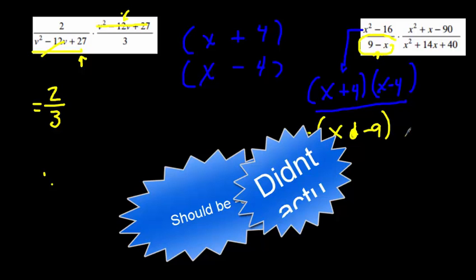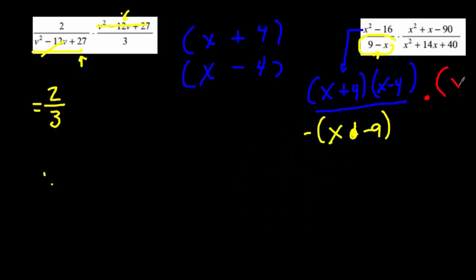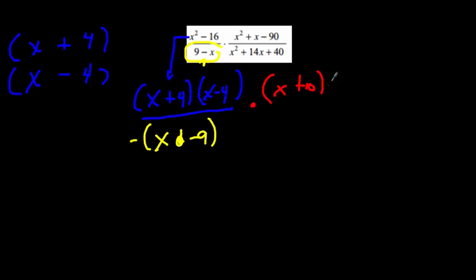And over here, then let's factor this. So if I want to factor that out, this is going to end up being x plus 10 and x minus 9. And the bottom is going to end up being x plus 10 and x plus 4.